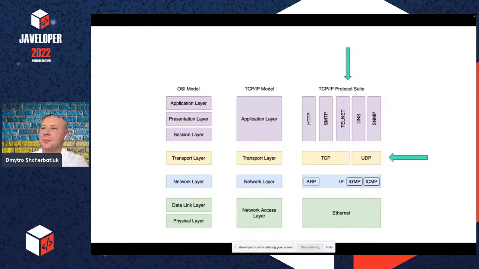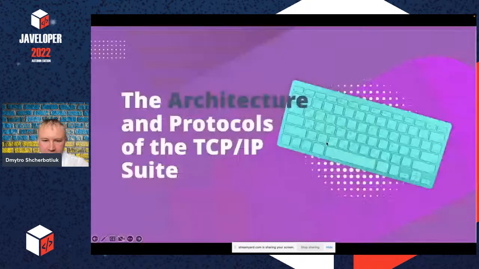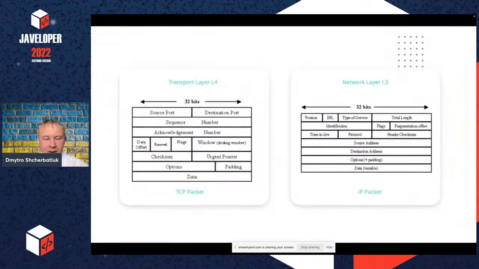Just as an example, ping: we all know the ping command. The ping command implements the ICMP protocol and works on the IP layer. It doesn't know anything about TCP, and so on. So, the architecture and protocols of the TCP/IP suite.